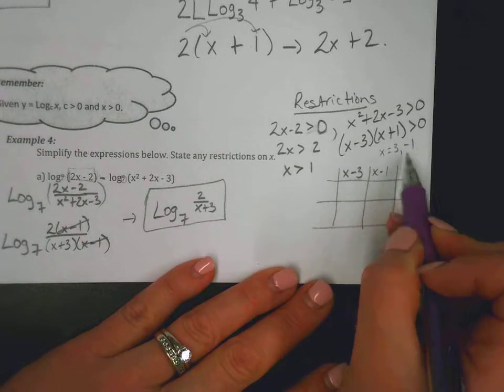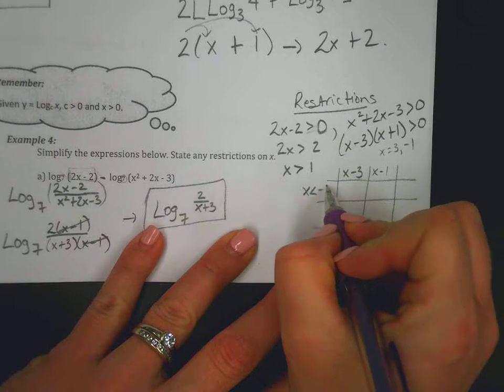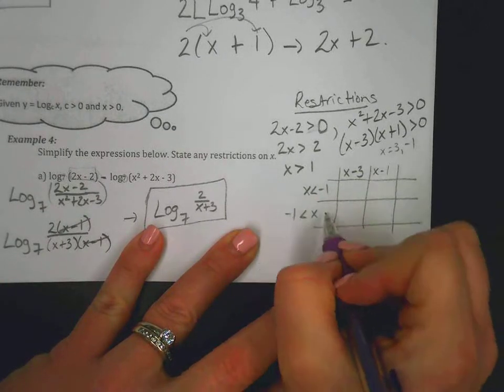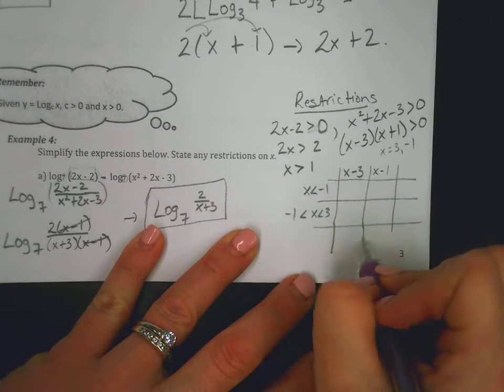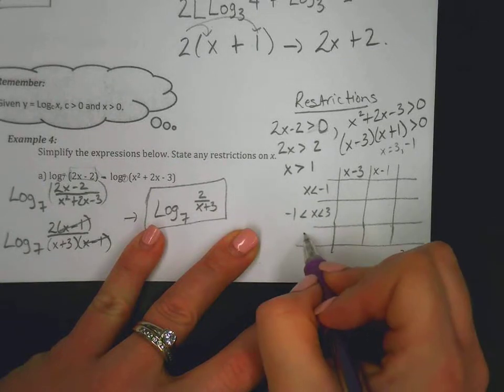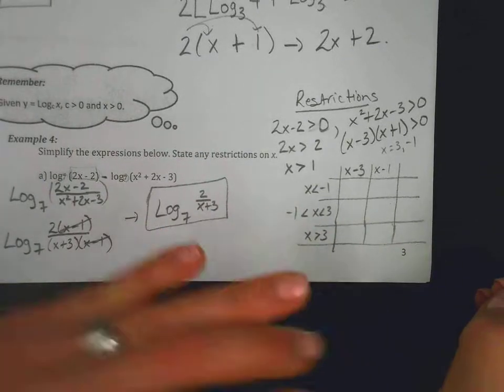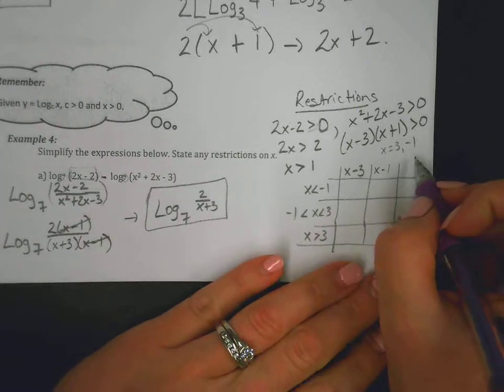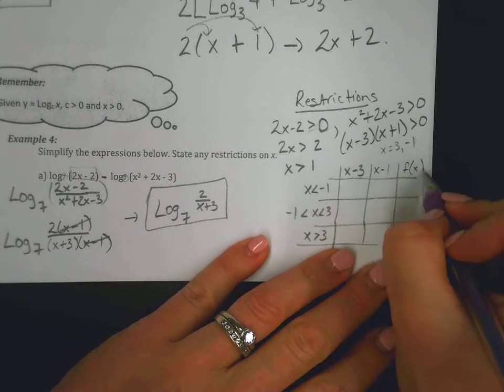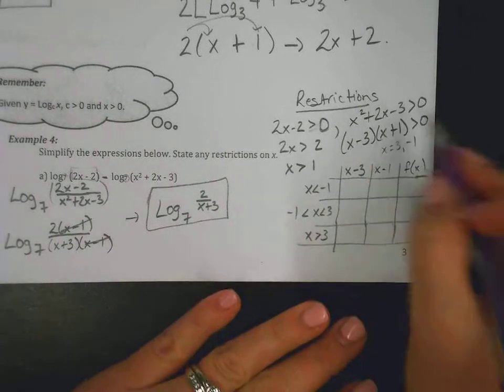So I'd want to test all the values less than negative 1, the values greater than negative 1 but less than 3, and then all the values that are greater than 3. What I'm looking for is whether the function is positive or negative.